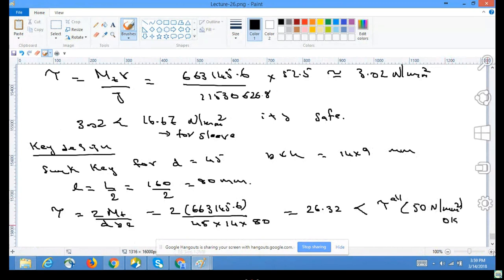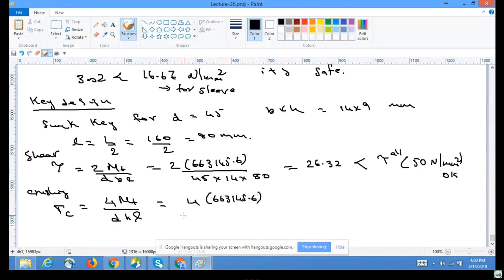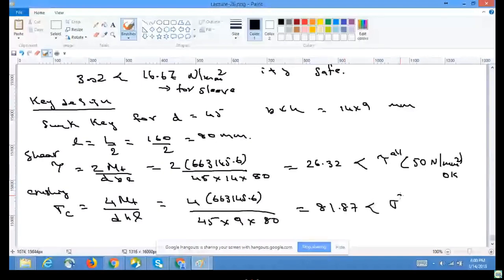And the next one is the crushing. For the crushing, sigma c is given as 4MT divided by d h l, that is 663,145.6 by 45 into h is 9 and length is 80, so this gives out to be 81.87, which is less than sigma c, which is 100 Newton per mm square. And this is also okay.